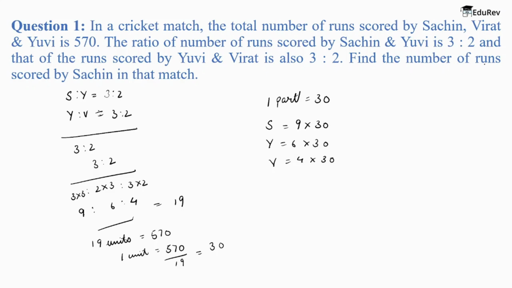We have to find the number of runs scored by Sachin only. So this will give me the answer, which is equal to 270 runs.